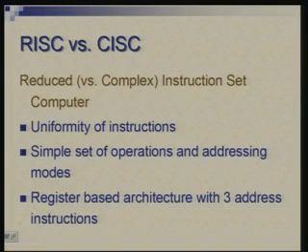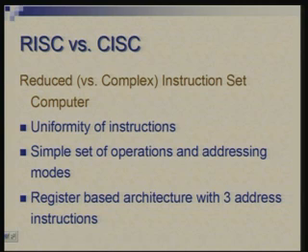Okay, so now after having looked at all these variations, we come to the concept of RISC and CISC. RISC stands for reduced instruction set computer, and CISC stands for complex instruction set computer. RISC is a term which was coined in the early 80s by Hennessy and Patterson, in contrast to the most popular machines of the day which existed at that time, and those were called CISC because they had a very complex instruction set.